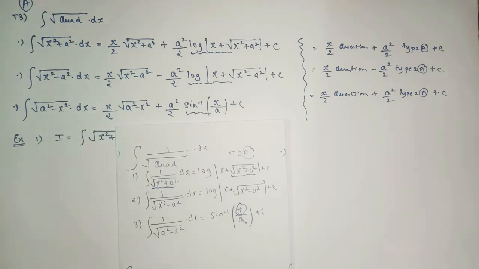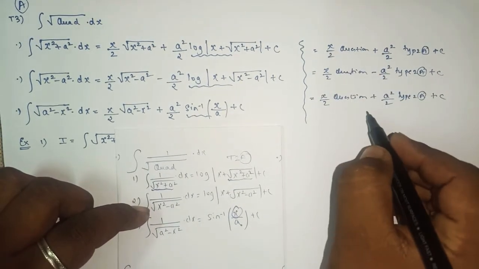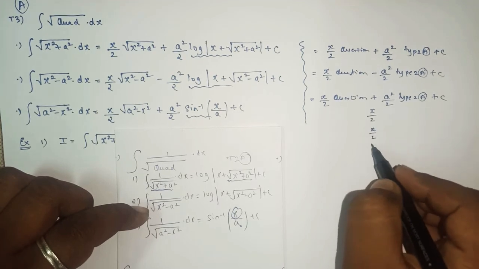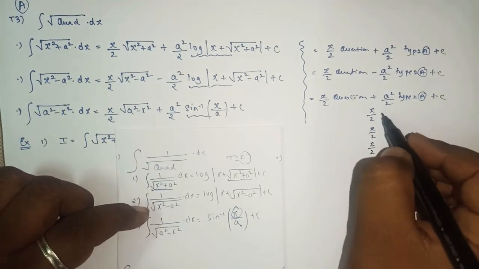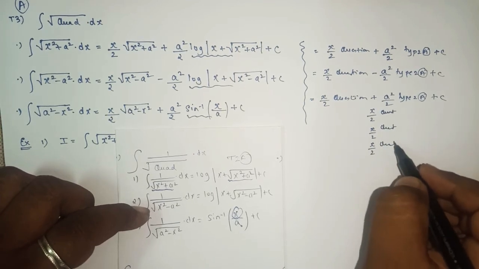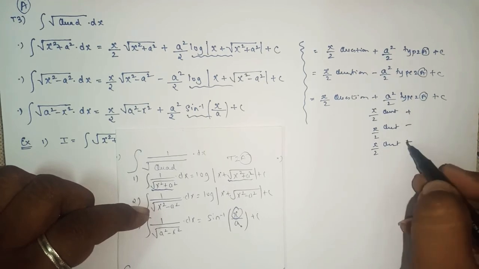Okay, so once again we'll see here. What is the trick here? In all the three cases, clearly we can see that x by 2 is there. Then after that you can write the question, the same question, and then the same question. Then here it is plus, minus, plus, yes or no?